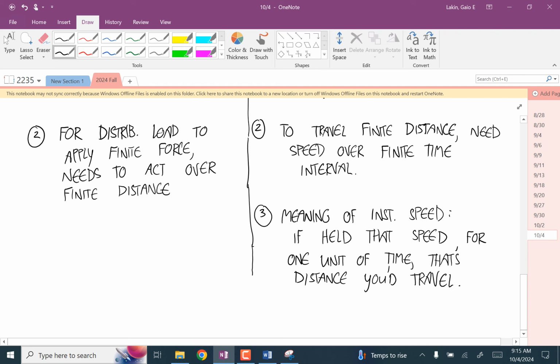Okay, so, what does 50 miles per hour mean? It means if you stayed exactly at 50 miles per hour for 1 hour, you'd go 50 miles. And it's the same thing with the meaning of distributed loads.